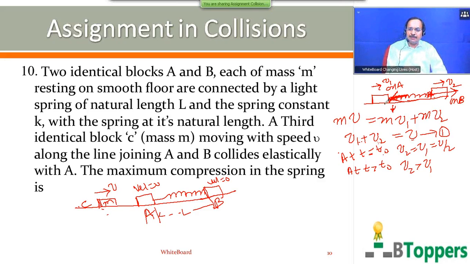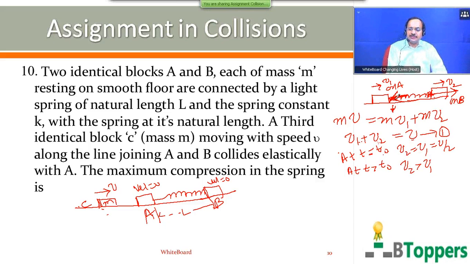That means the separation between the two blocks first decreases and reaches the minimum value at the instant t equal to t naught. After that instant, the separation between the two blocks begins to increase when V2 becomes more than V1.